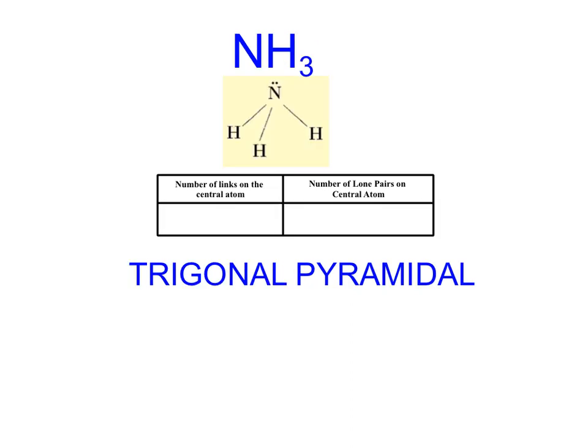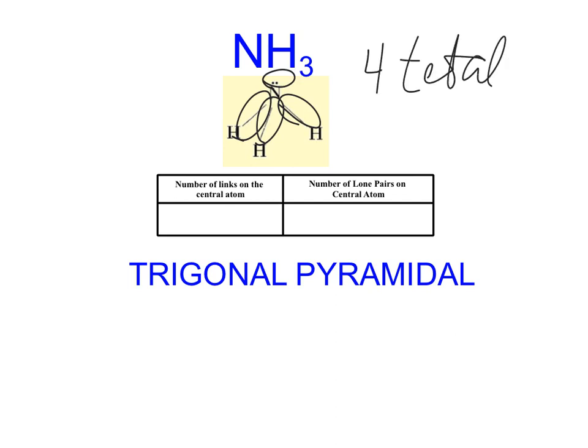NH3, you have right there, is going to be trigonal pyramidal. It's got 1, 2, 3, 4 areas total. So 4 total areas. It has 3 areas with links, 1 with lone pair. So whichever table you use gets you a trigonal pyramidal response.